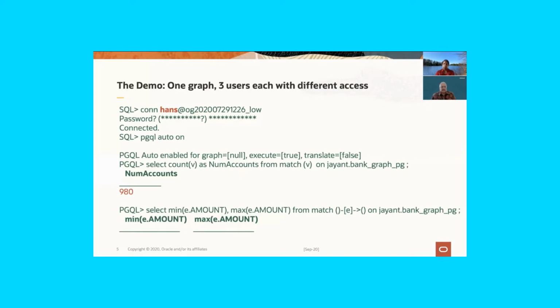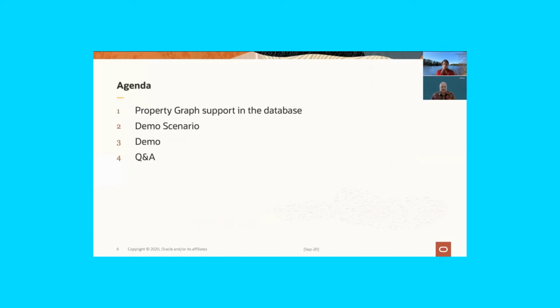So what is all this based on? That's what I'll very quickly go over. I'll go over what is property graph support in the database, and also briefly introduce label security. That will be a very 30,000 foot overview, but enough to give you an idea of what is being used in this demo.